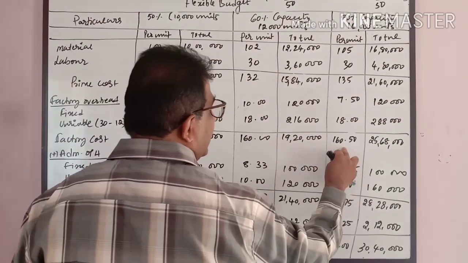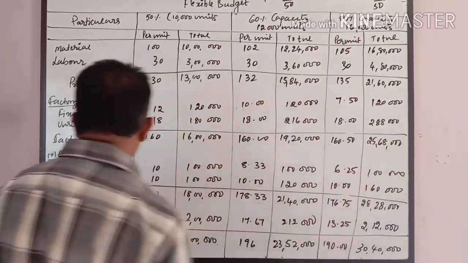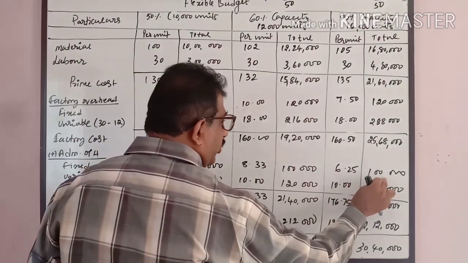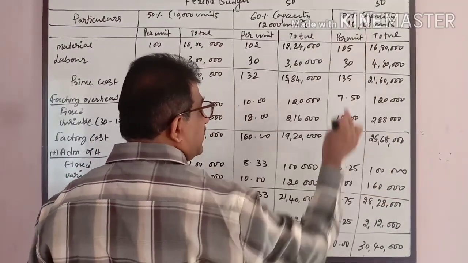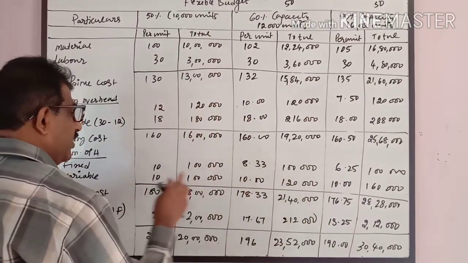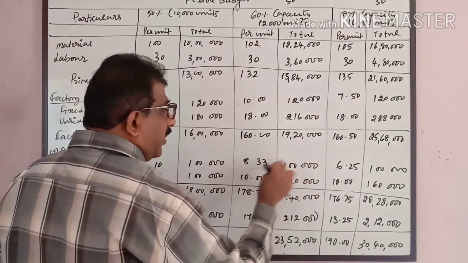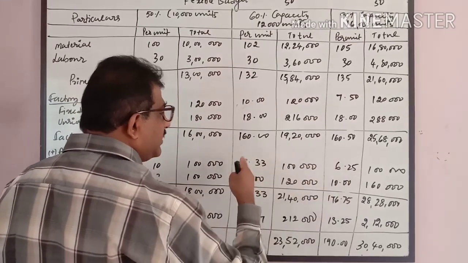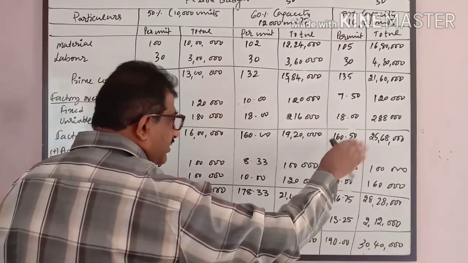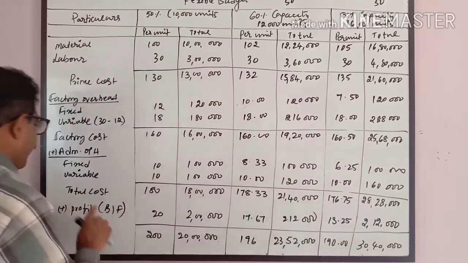Factory cost 160.50, 25,68,000. Administration overhead 1 lakh. Here also I took it as 1 lakh. 1 lakh divided by 16,000 units, 6.25. You can observe from 10 to 8.33, from 8.33 to 6.25, because when you are increasing your production, automatically fixed cost per unit comes down, but total cost remains the same.